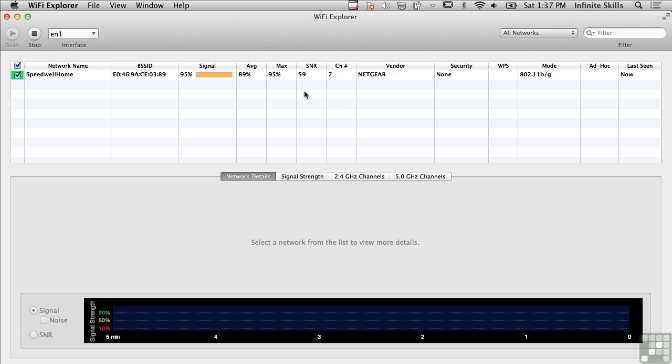Now, 802.11b ran in the 2.4 gigahertz range, and it supported speeds up to 11 meg. G also ran in the 2.4 gigahertz range, and it supports transmissions up to 54 meg.